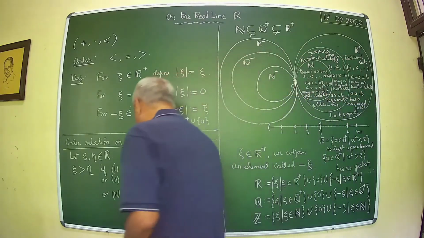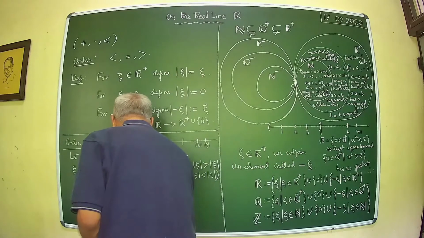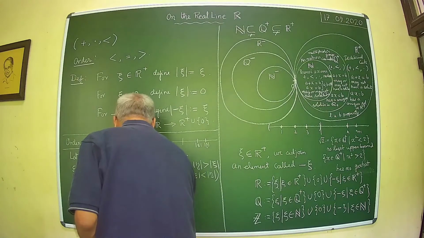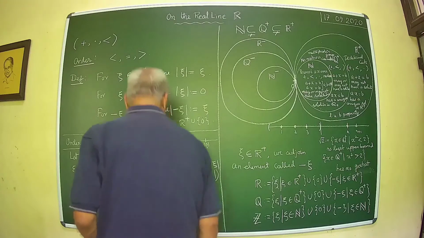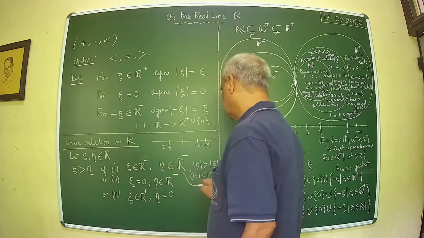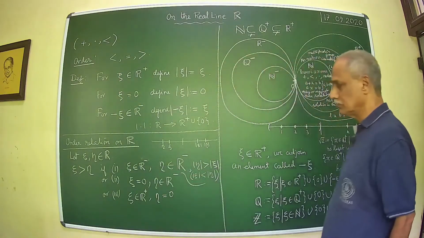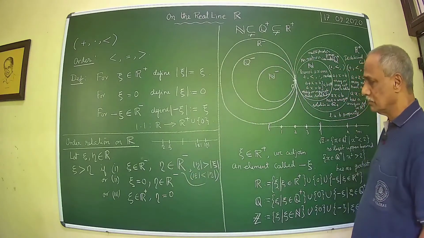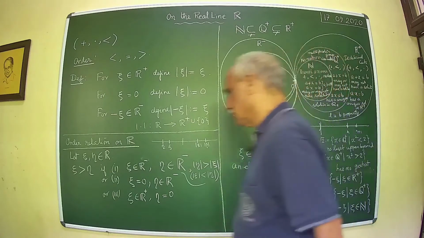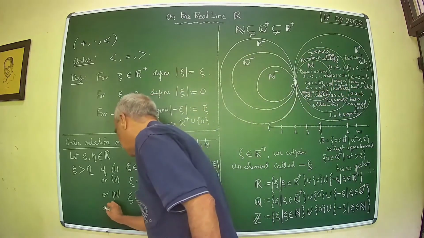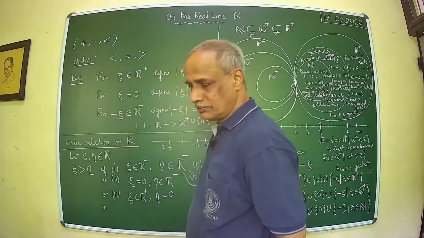When you have psi belonging to R plus, eta equal to 0, there again, you see, psi is greater than eta. Or what else you have?